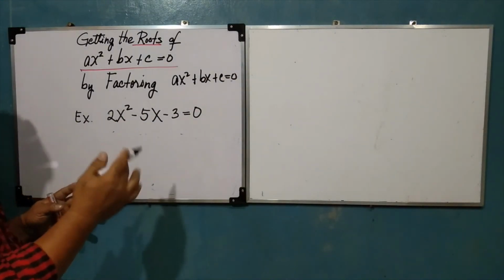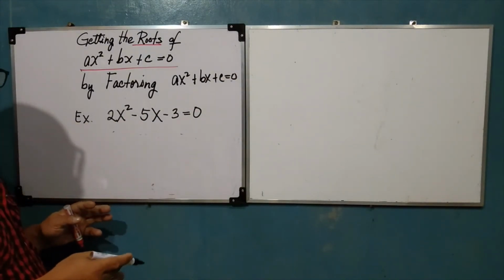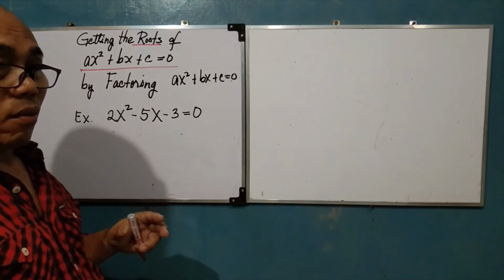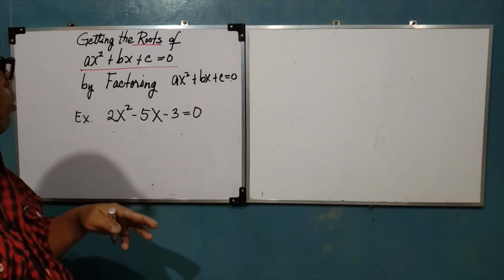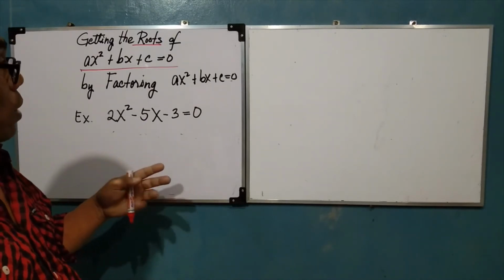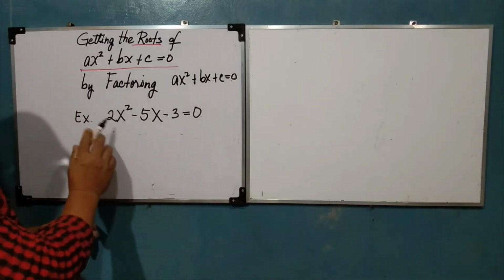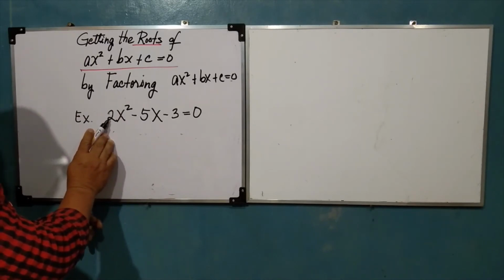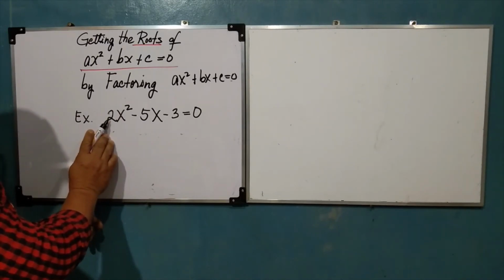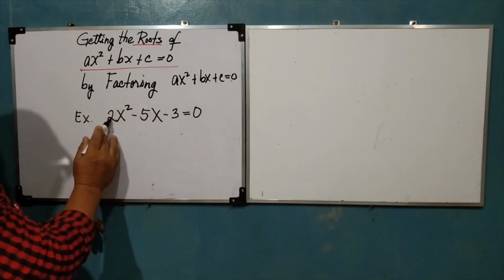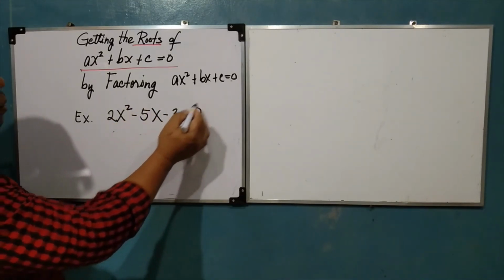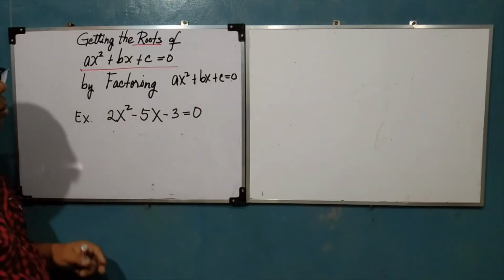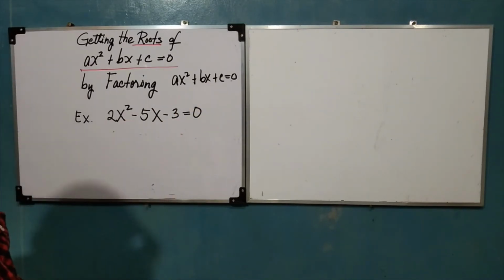In the first example, our a value is 1, so it wasn't very difficult to determine the factors of the given quadratic equation. But this time, it's different. It is greater than 1. So our a value is 2, our b value is negative 5, and our c value is negative 3.